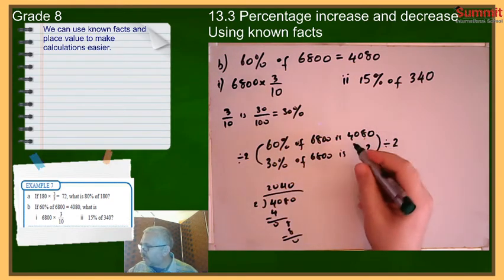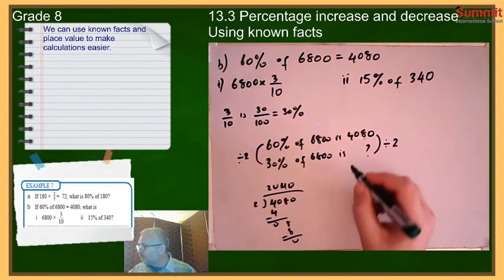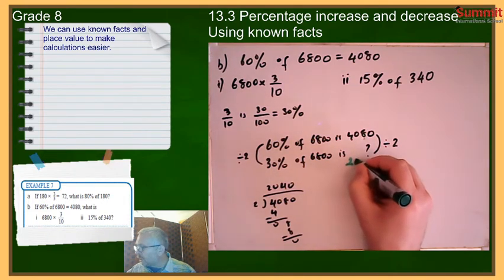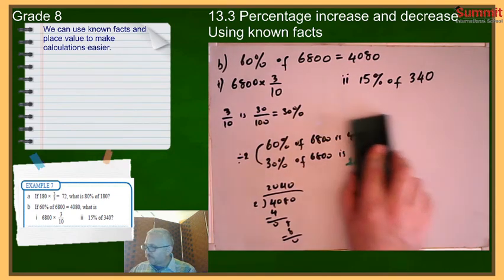We can halve this: 4,000 divided by 2 is 2,000, 80 divided by 2 is 40. The result will be 2,040. Now let me erase the board for the second one.